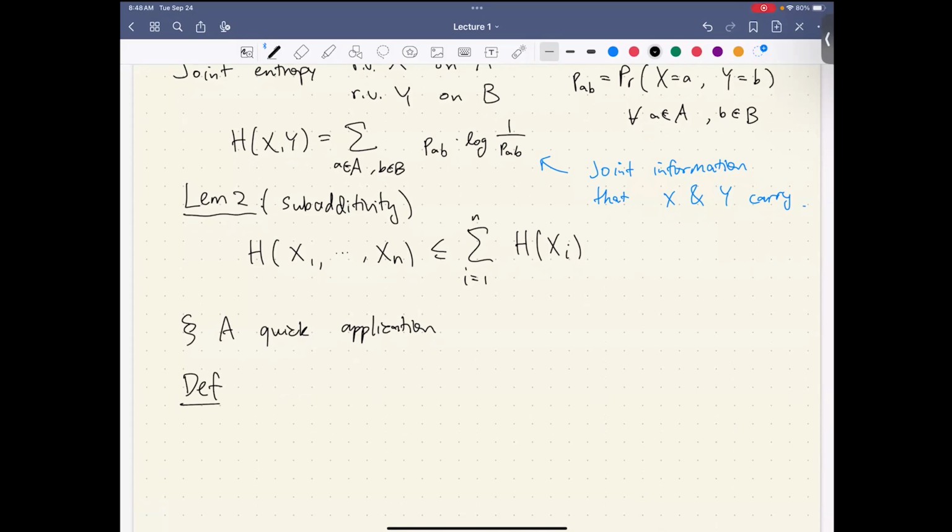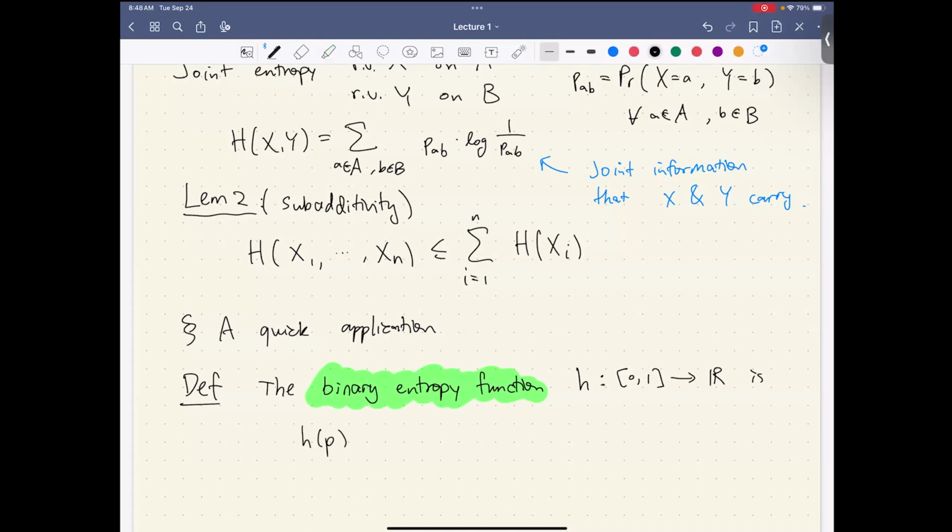To not get confused, this is just a definition of a deterministic function that happens to also be called entropy. So the binary entropy function, which is a deterministic function h, is defined as h(p) equals p log base 2 of 1 over p, plus (1 minus p) log 1 over (1 minus p).